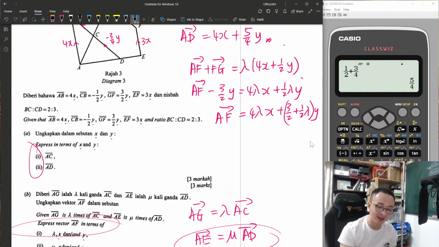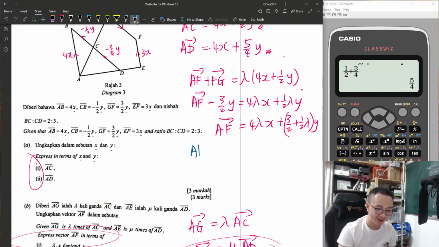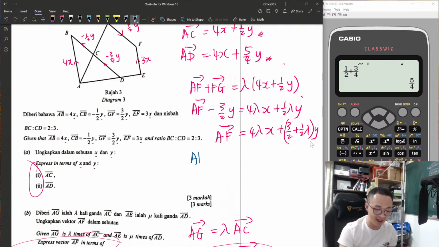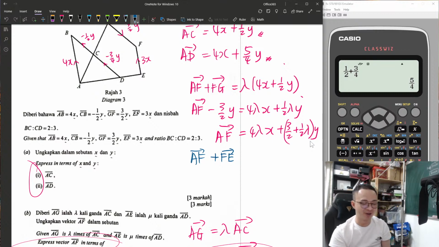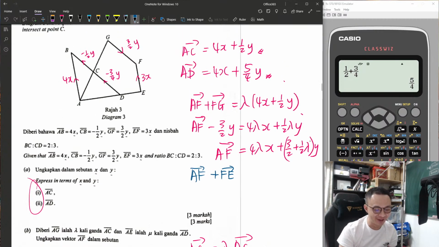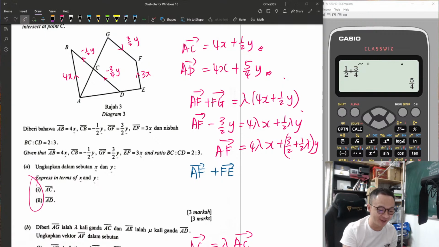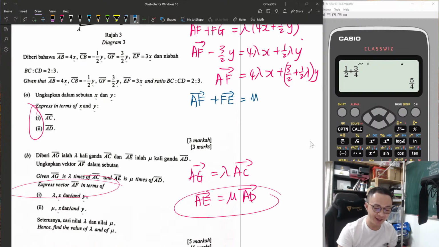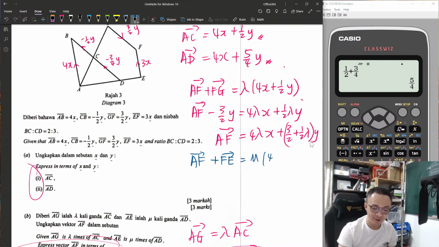Okay, then the next one, AE. Let me use blue color. So AE is AF plus FE. You might ask, how do you know it's AF plus FE? Because I must get the AF. What is FE? FE is negative 3x. Okay, good. That equals mu AD. AD is 4x plus 5 over 4y.